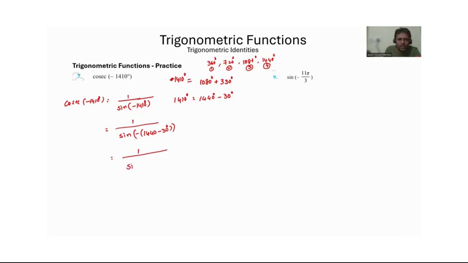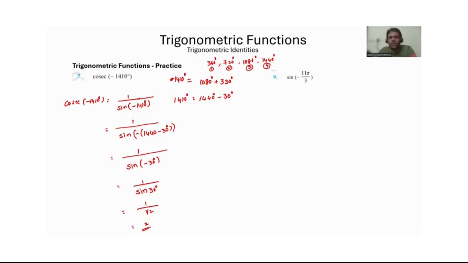So I can write this as sine of minus x, which is minus sine x, because it is the fourth quadrant. So sine of minus 30 I can write as minus sine 30. So 1 by sine 30 means it is 2. So cosecant of minus 1410 degrees, the value is 2.